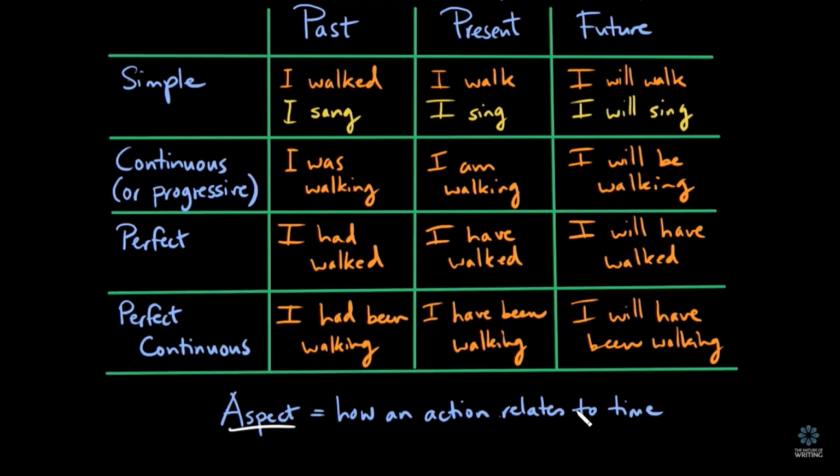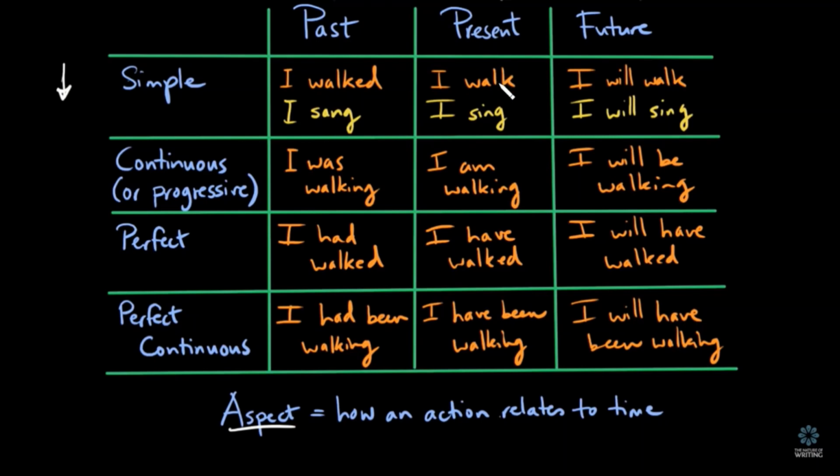The simple aspect refers to an action that simply happened. We can draw an arrow here to indicate that it's just happened at a point in time. We're not being too specific necessarily about when it happened. In fact, what's kind of weird about the present simple here, you can also say simple present by the way, but we tend to read them from the top down, so the first tense first and then aspect.